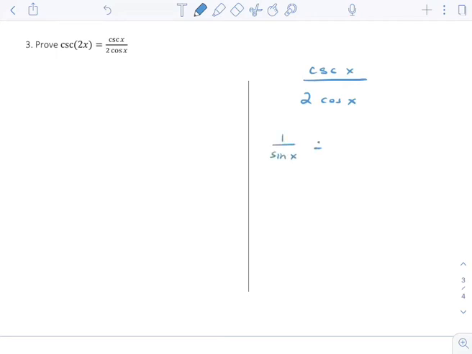That's being divided by 2 cos x. And when you divide, it's like multiplying by the reciprocal. And when I multiply them through, I get 1 over 2 cos x. Actually, I'll put sine first. Usually we see it that way.